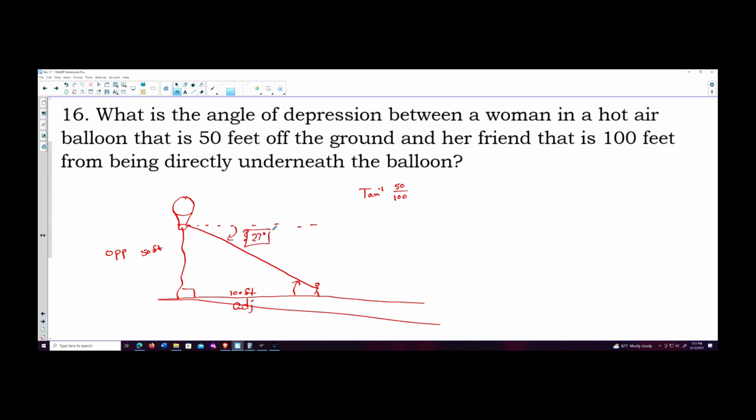That would be my answer. Just remember, I'm rounding to the nearest whole degree, so I have to go up one.